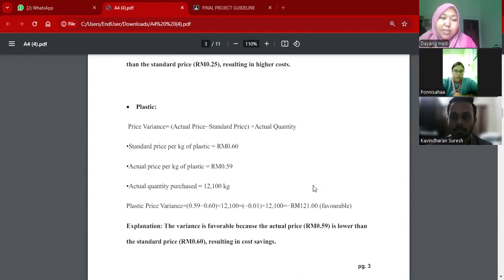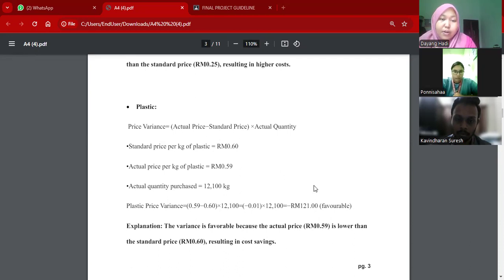For the plastic, price variance equals actual price minus standard price times actual quantity. The standard price per kg of plastic is 60 cents and the actual price per kg is 59 cents. The actual quantity purchased is 12,100 kg.